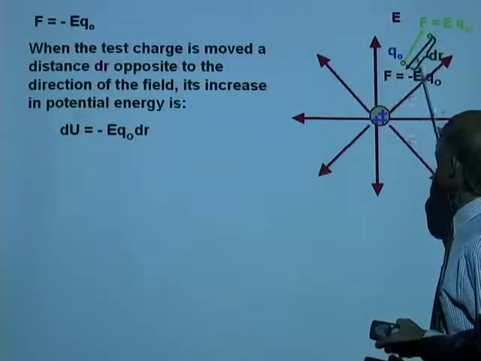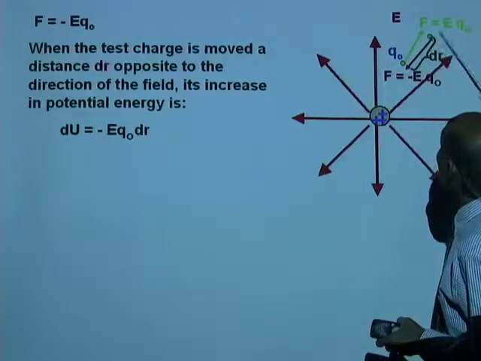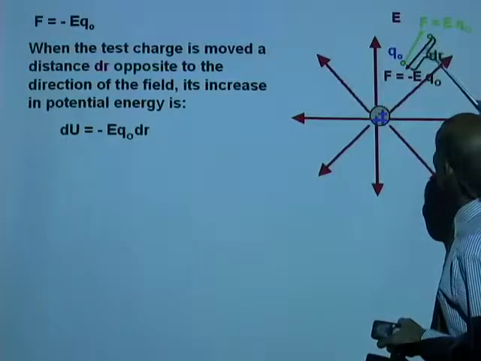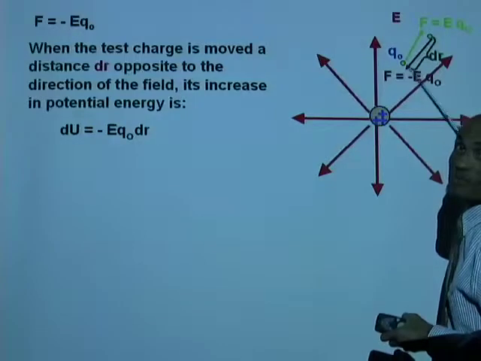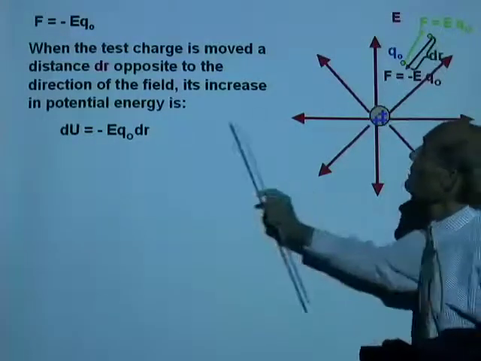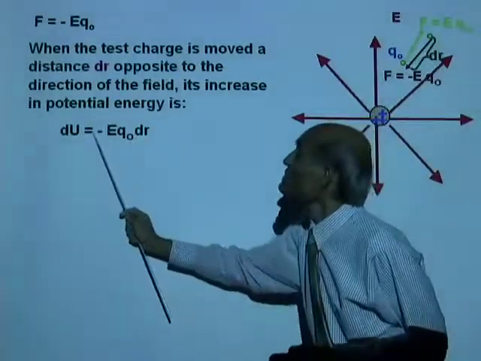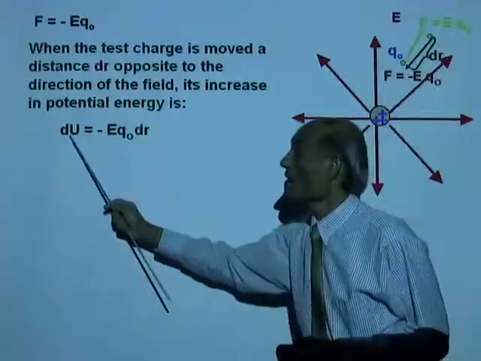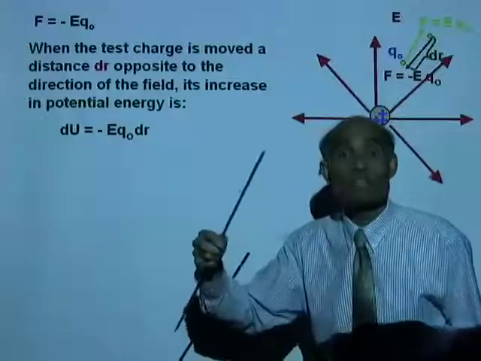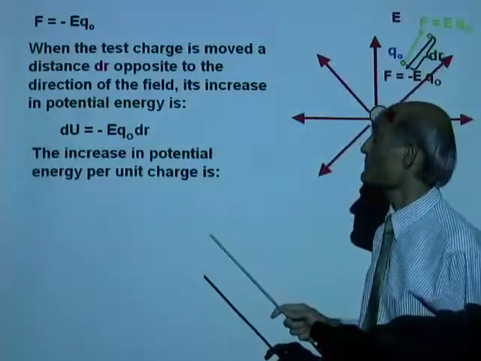So the work done to move this test charge Q0 through a distance dr will be F times dr, that is negative EQ0 times dr, and that is a measure of the increase in potential energy.